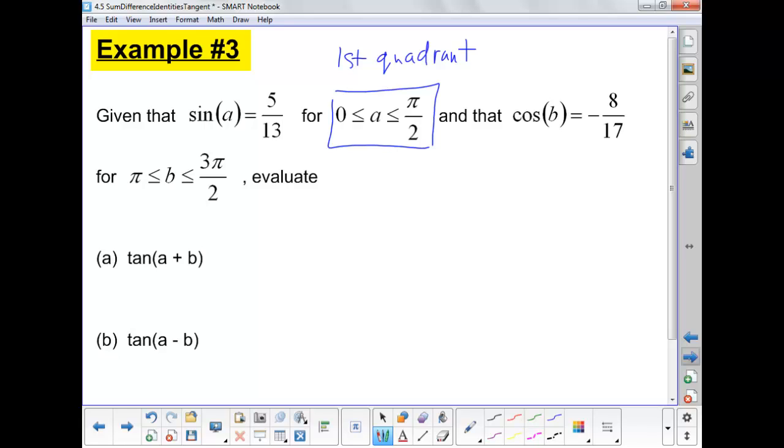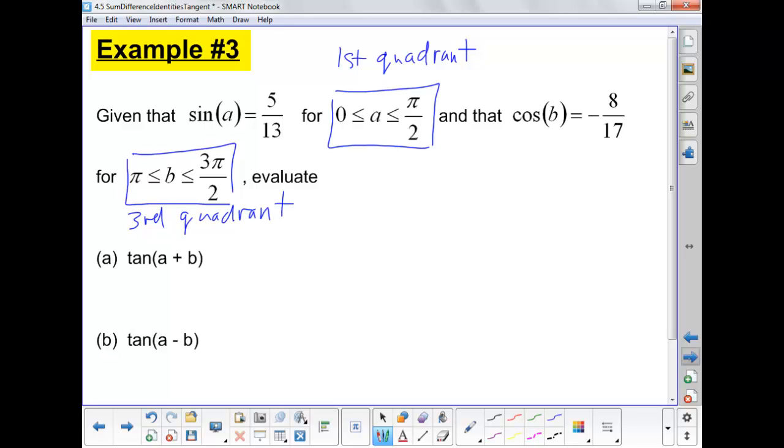For angle B, we know that cosine of angle B is negative 8 over 17, so it's a negative ratio, and cosine is supposed to be negative in the second and the third. This happens to represent the third quadrant.